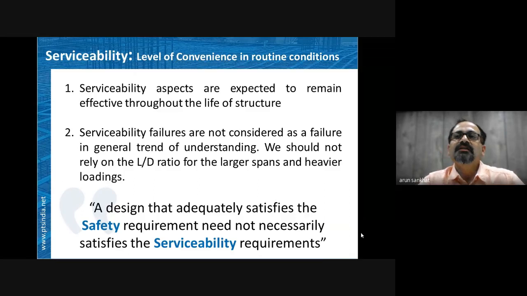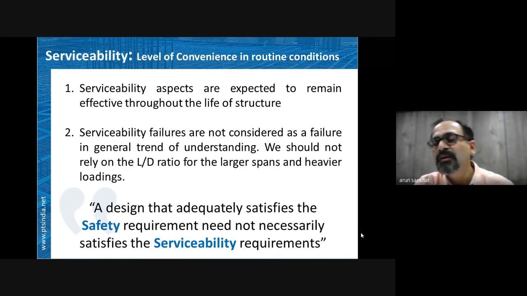Generally, if you refer to the code, maybe IS 456 or 1343, they have given some creep coefficients, like 1.6, 2. So this much creep is actually acting on the member when it is subjected to long-term loadings.